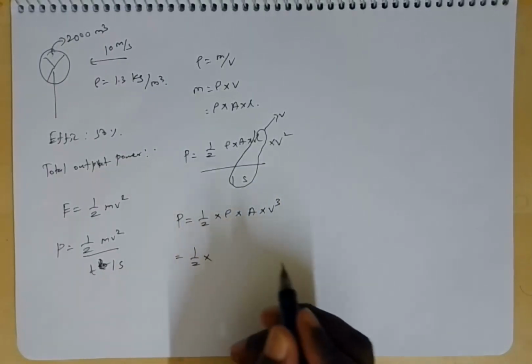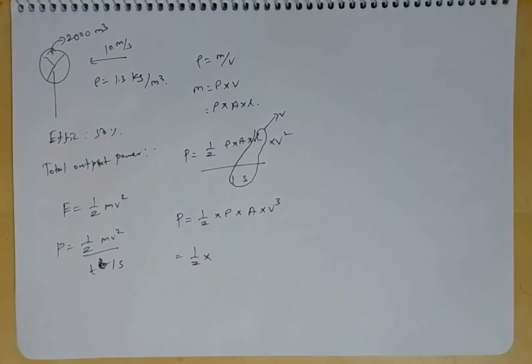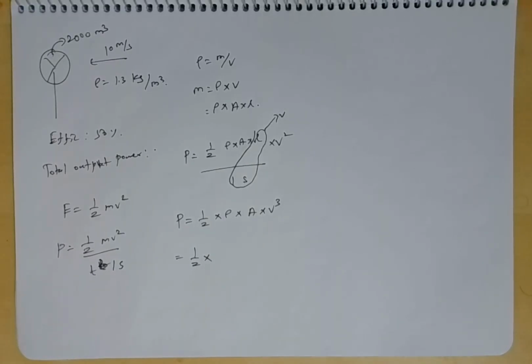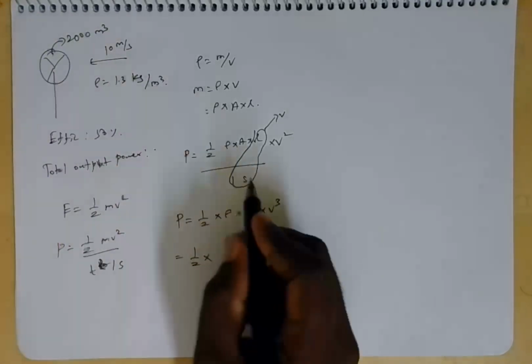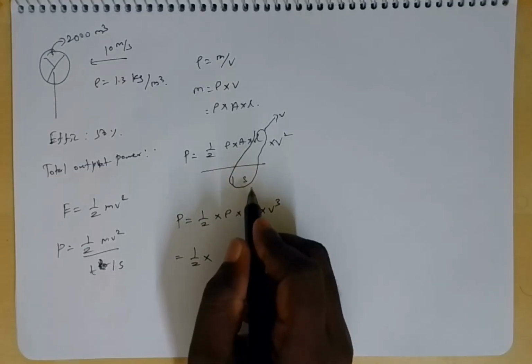Area into length. Yes, L is distance divided by time, which is velocity.